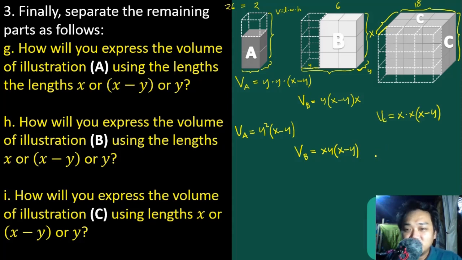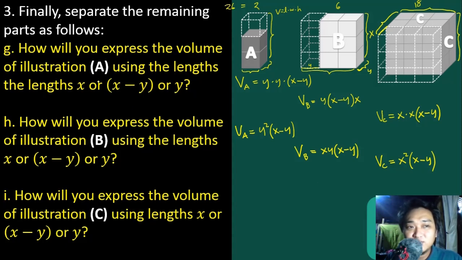What will be the volume of C? So again, x times x, that is x squared, tapos hindi ko muna siya i-multiply sa quantity, ganito na lang muna, x minus y.